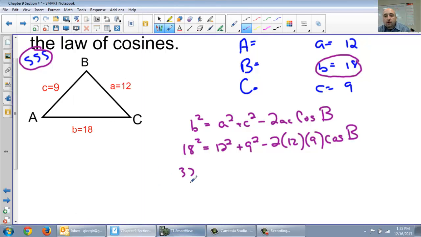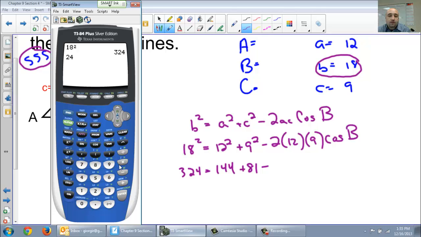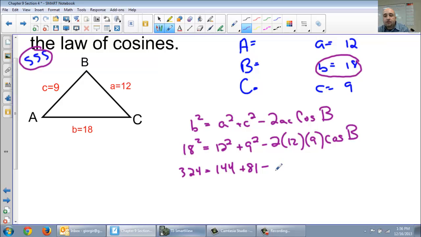So 324 equals 144 plus 81 minus 2 times 12 times 9. 2 times 12 is 24. 24 times 9 is 216. So minus 216 cosine of B.